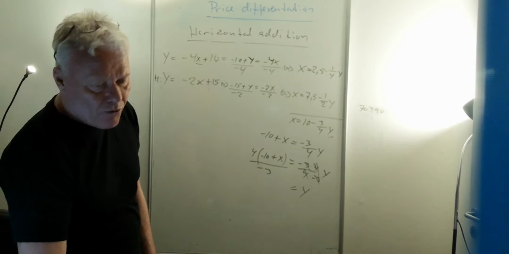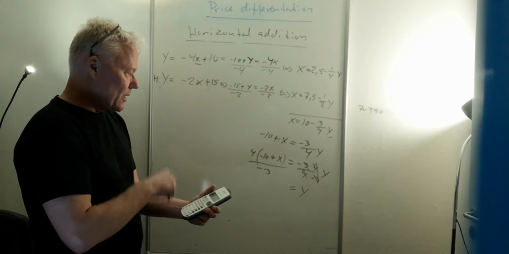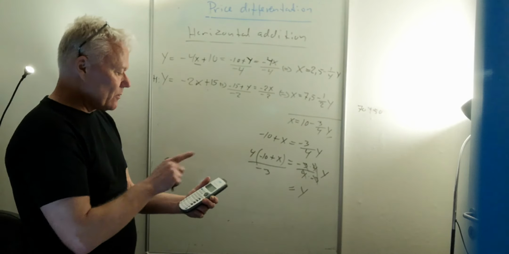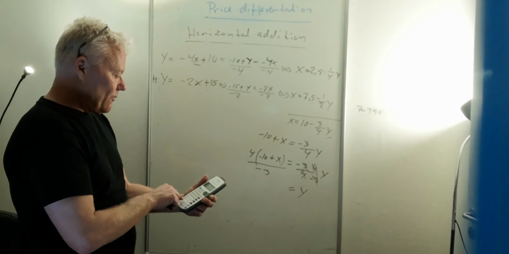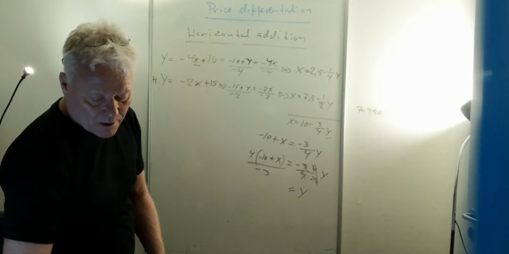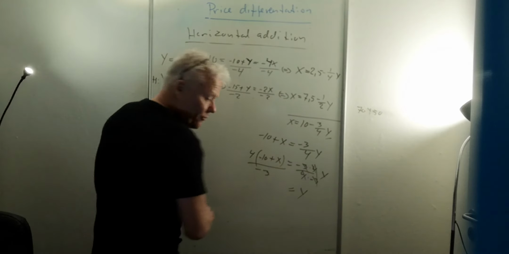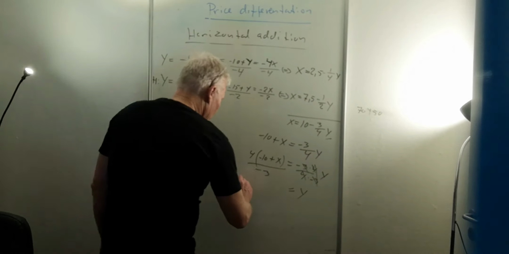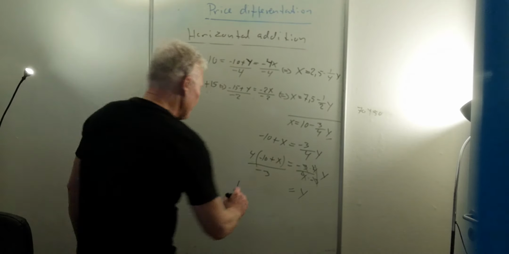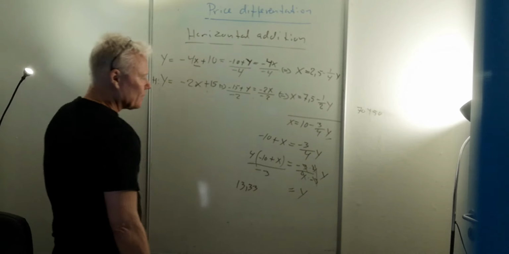I think it's 13.3, but to make sure you can use your calculator. 40 divided by 3, that's 13.33.